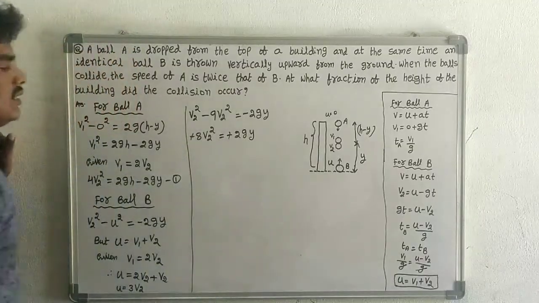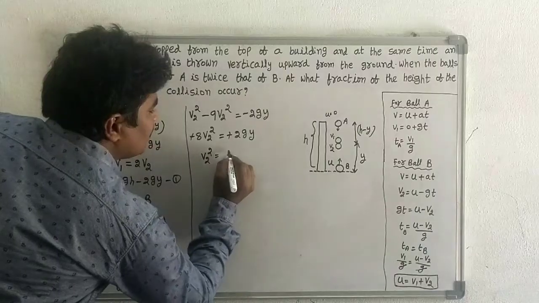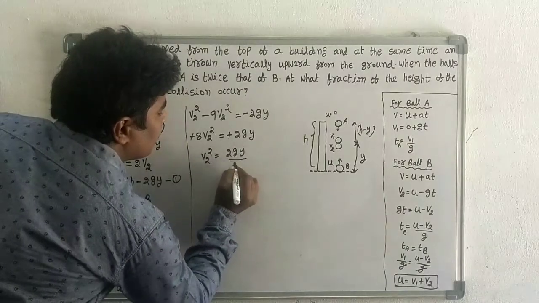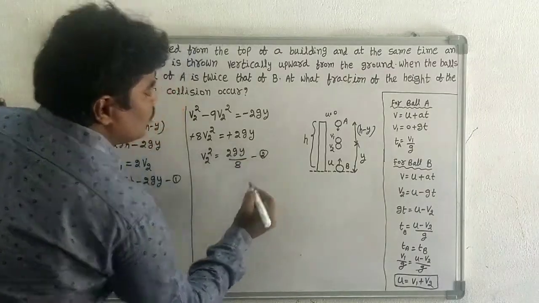The minus cancels. Finally we get v2 square is equal to 2gy by 8. Let this be equation 2.